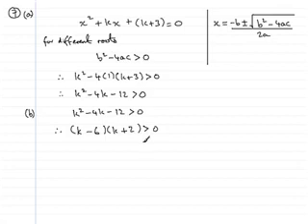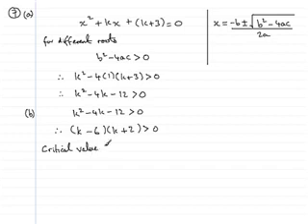Now when we get to this stage, I see so many students write down things like k minus 6 must be greater than 0 or k plus 2 must be greater than 0. Don't ever do that. You'll always go wrong. What we need to do is find the critical values.